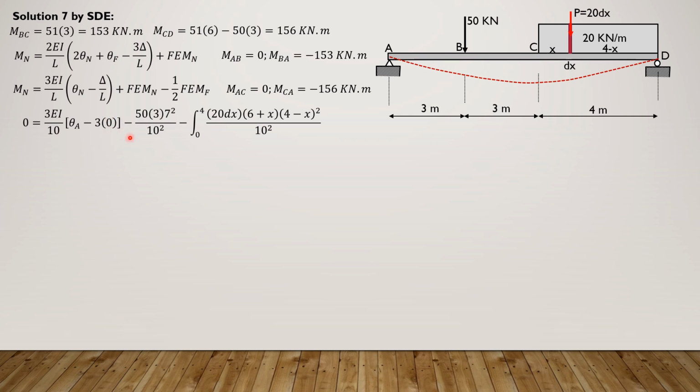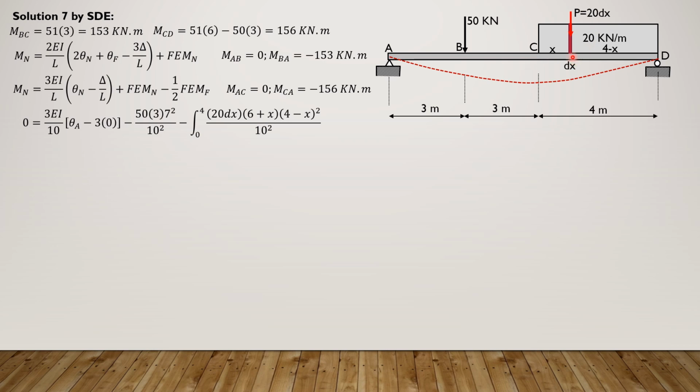Then fixed moment of 50 at A is negative because A is on the left side, so it is equal to negative 50 times 3 times the square of the distance from D, which is 7 squared, all over L squared, 10 squared. Then minus, we follow the same format, but in integral form, 0 to 4, the value of x varies from 0 to 4.